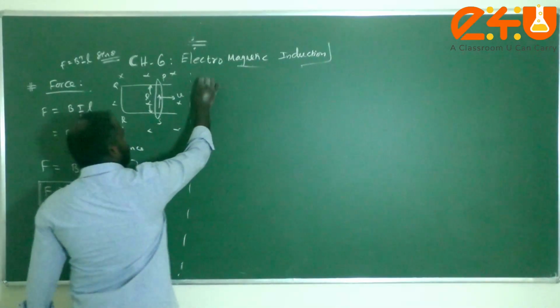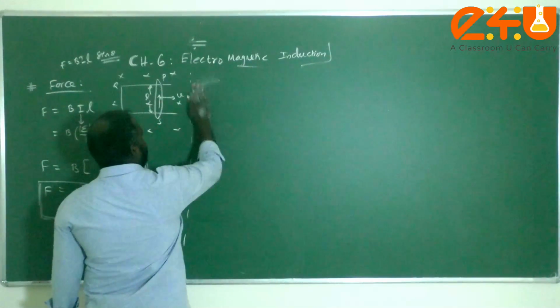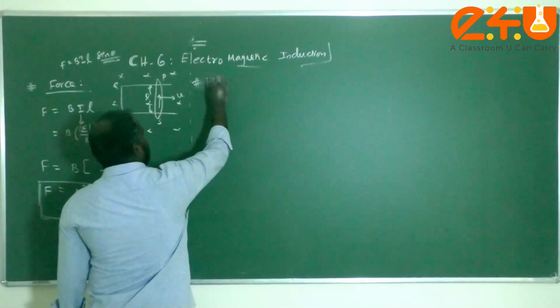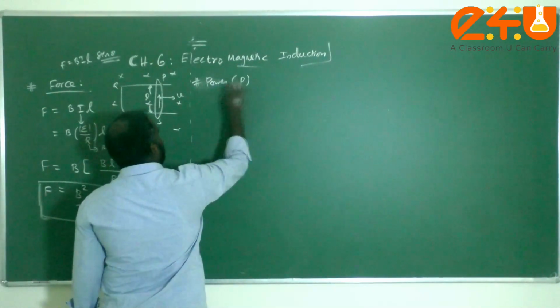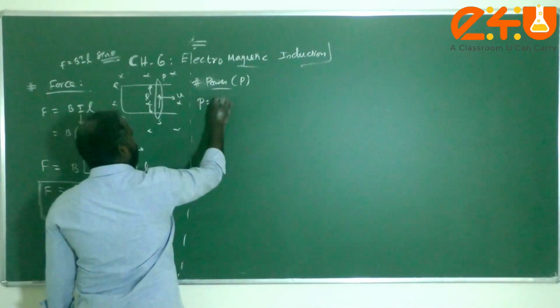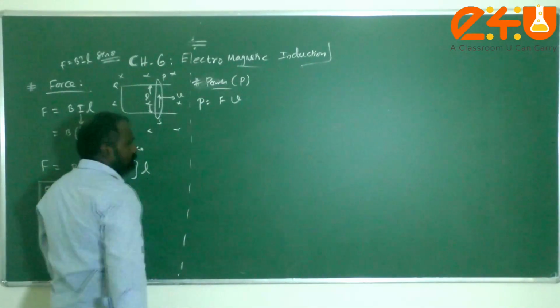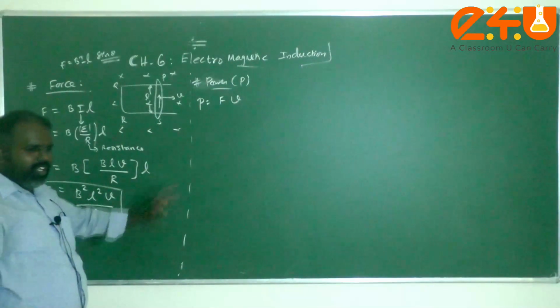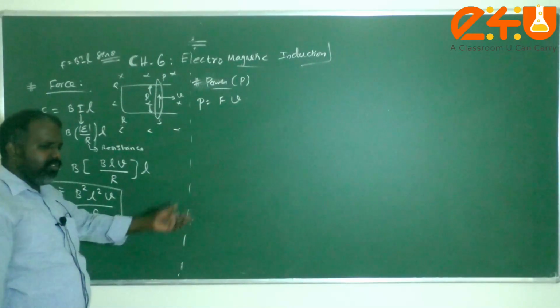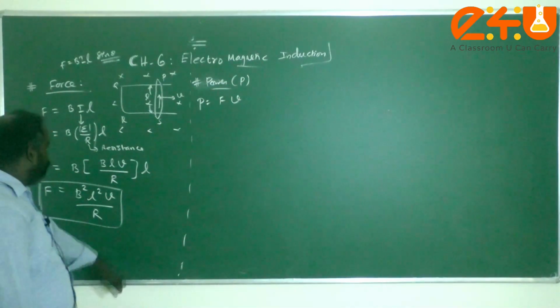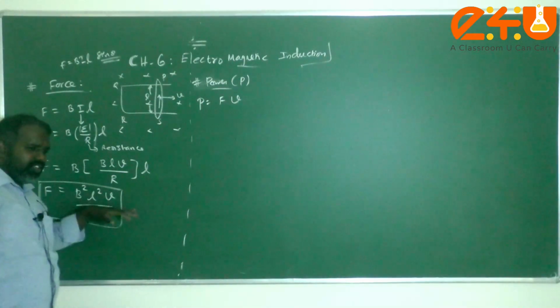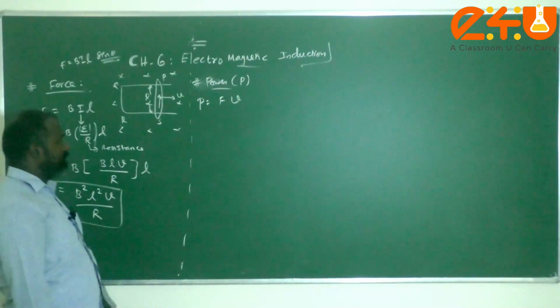We know that the next one is power. So the power P is generally equal to F into V, F dot V or FV cos theta. Here cos theta will be 1 because the force and the velocity are in the same direction.